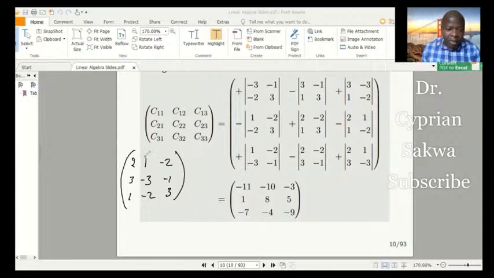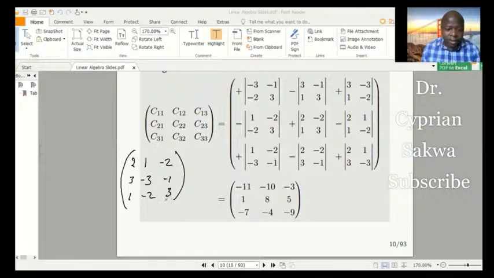Now we are in this position. Delete the row and the column. We are left with 3, 1, -1, 3. The next sign is positive. We are here. Delete this row and that column.